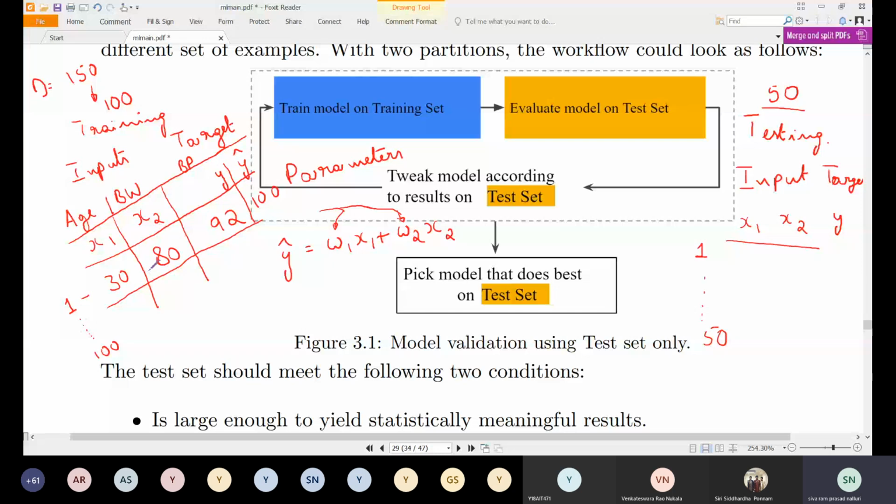And you have learned already the various ways in which you can calculate the loss. And if you add the loss for all the examples, you know that it gives us the cost of this particular model. Okay, and when you notice that the error is too high, assume that we are using batch gradient descent.